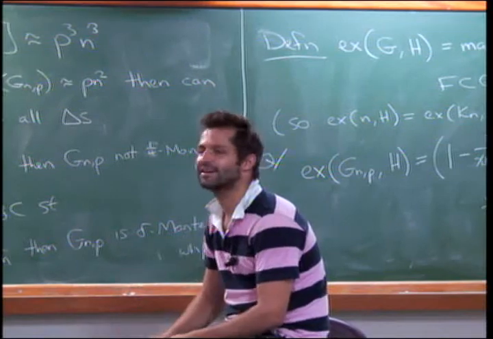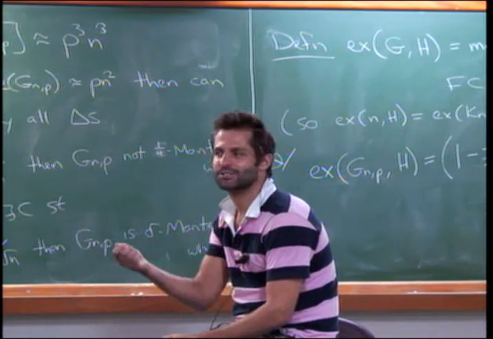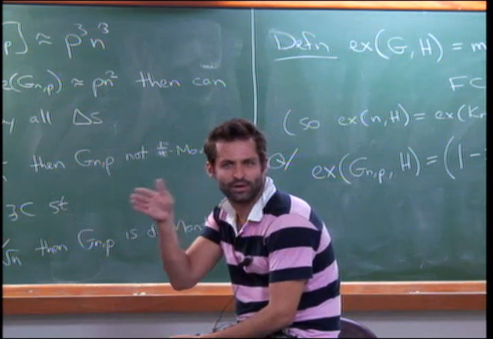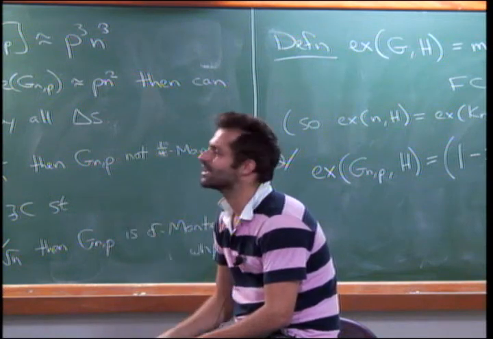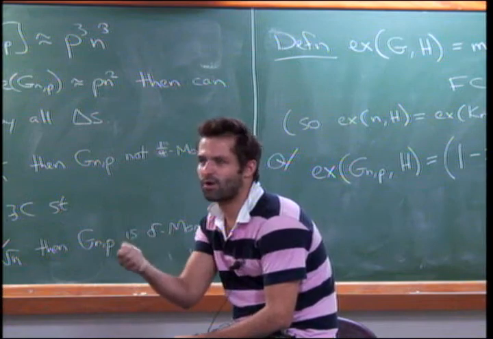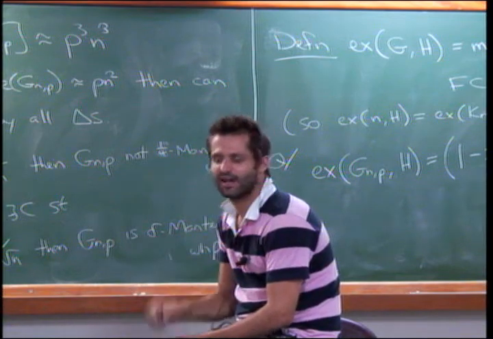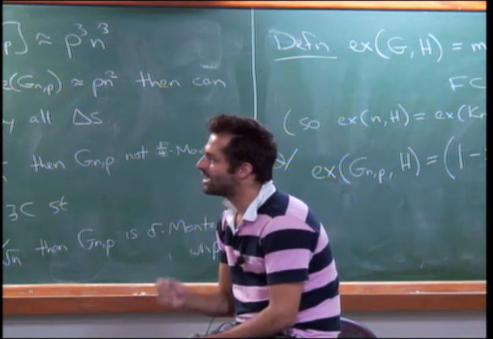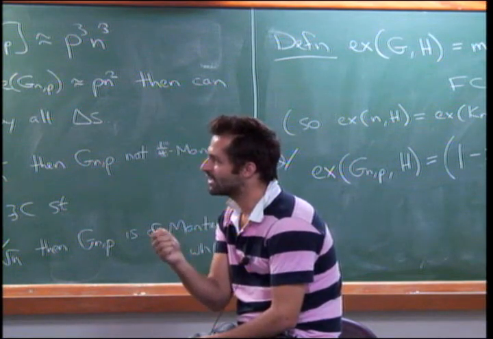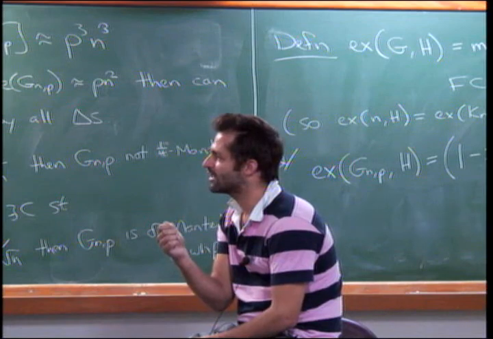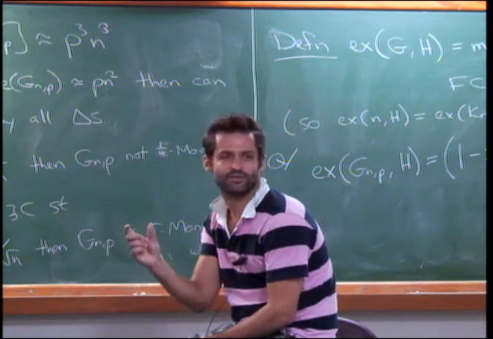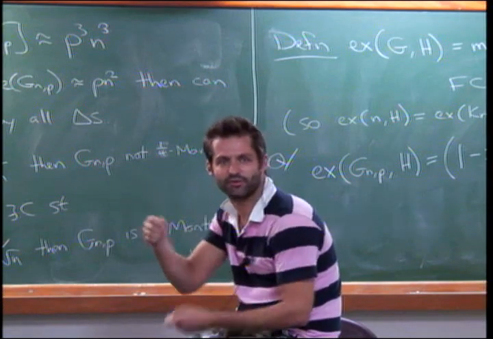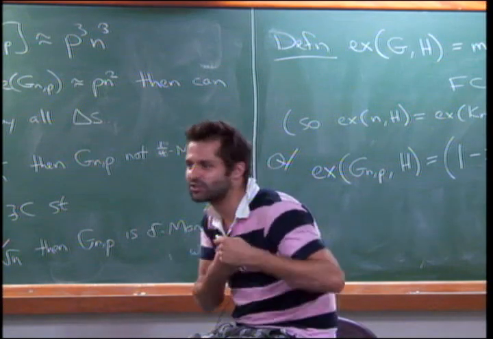So Schacht looks at this random set X. He basically splits it up into lots of small parts and then looks at them one by one. They're not all the same size, they're growing, but let's not worry about that. And he says, all right, let's start looking for the first edge of H. And then let's look for the second edge of H, and then the third one. And he does this for each edge.